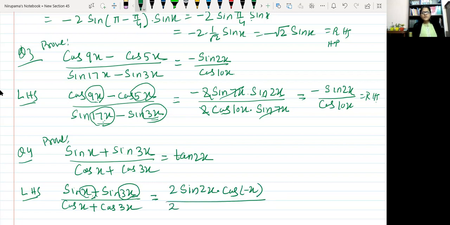Here 2, and here you have cos C plus cos D. So 2 cos (C plus D)/2, x plus 3x, 4x by 2, 2x, into cos (x minus 3x)/2, minus 2x by 2, minus x. Okay, 2 cancelled, cos minus x is cos x, otherwise also it is getting cancelled. So you have sin 2x by cos 2x, that is equal to tan 2x. This is the right hand side, hence proved.